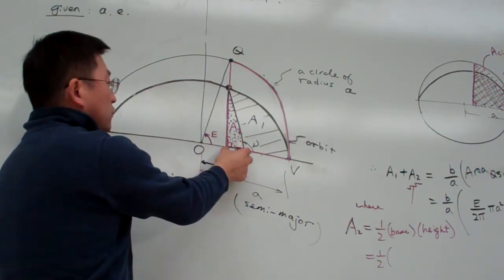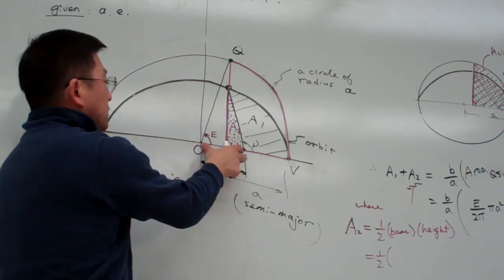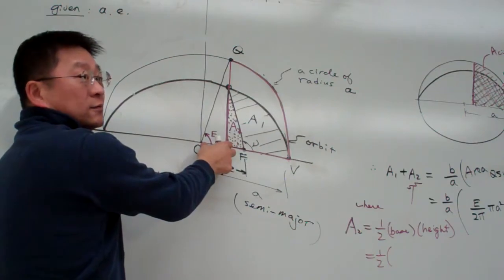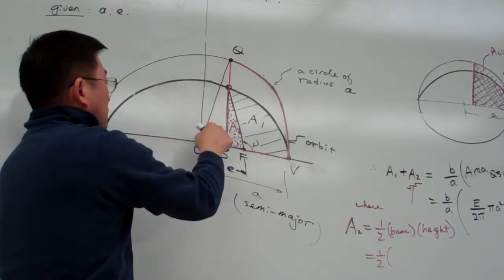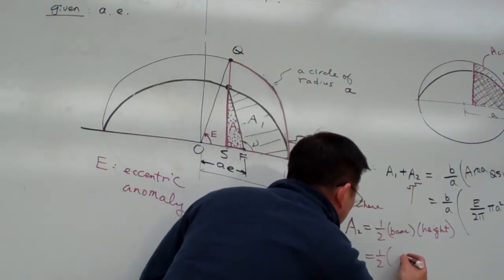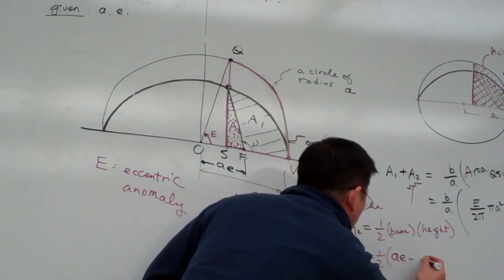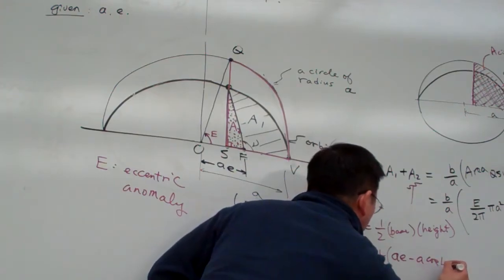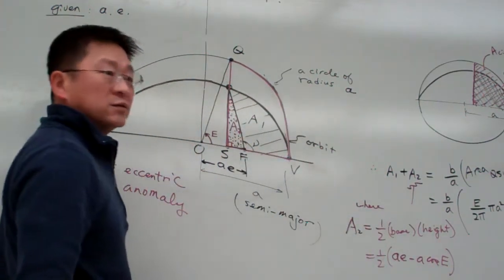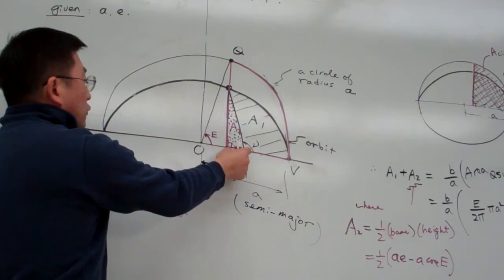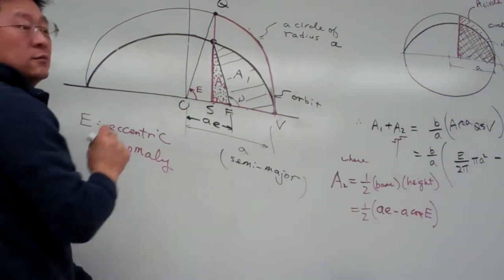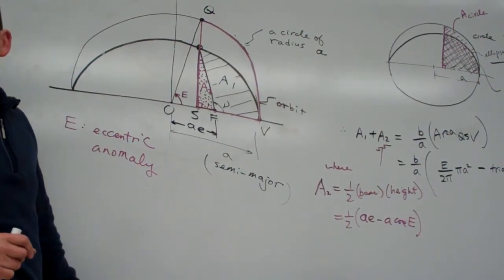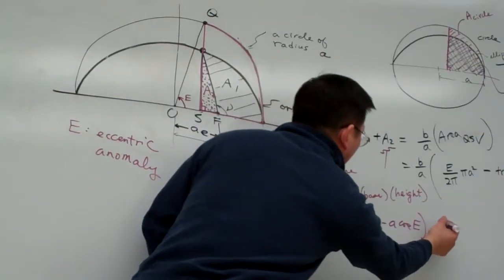Right now we're looking for this one. This portion is the whole length multiplied with this one, and this portion is a times cosine E. So that is ae minus a cosine E. That is the base. Again, right now we're looking for this piece. Got it? Okay, now we're looking for the height.